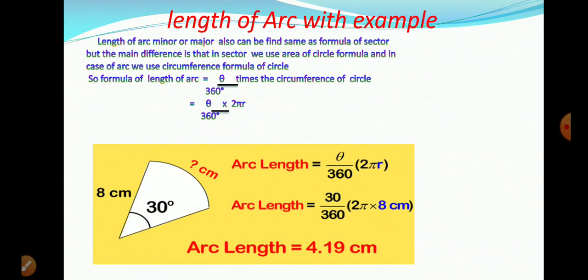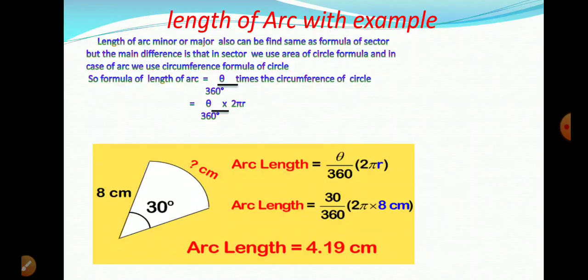Now we will solve one example to understand this formula. In this problem, the radius of the circle is 8 centimeter and the central angle is 30 degree, and we have to find the length of the arc.